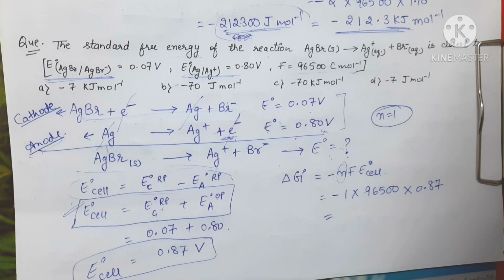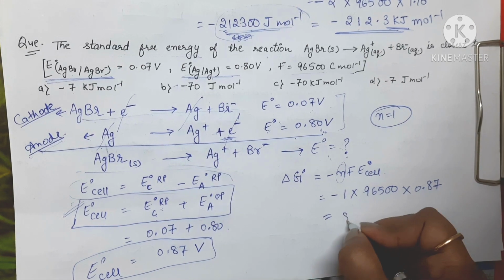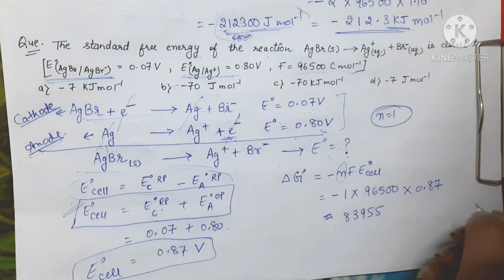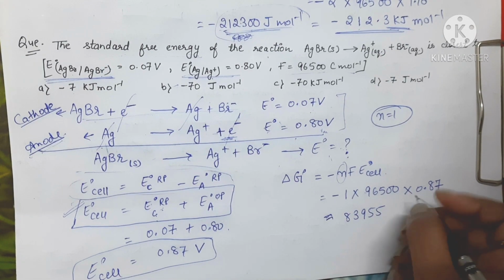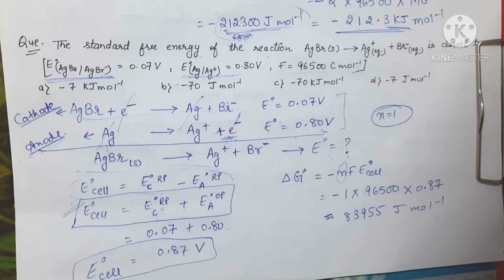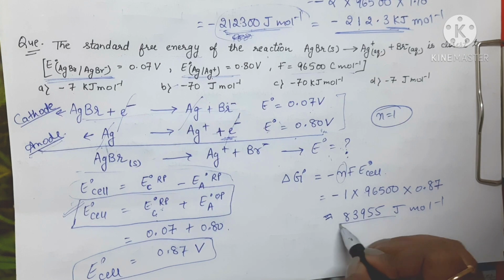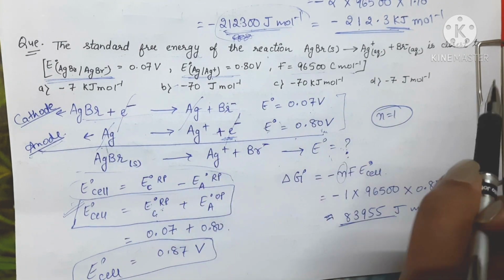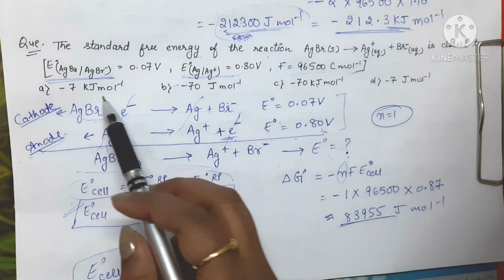Now if you calculate this, what you will get is approximately 83955 joule per mole. But this lengthy answer is not given in any of these four options, and they have given two of the values in kilojoules.